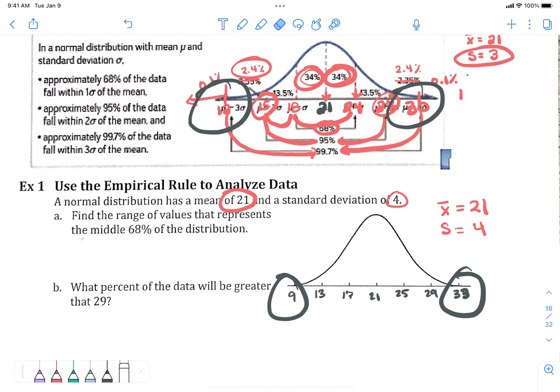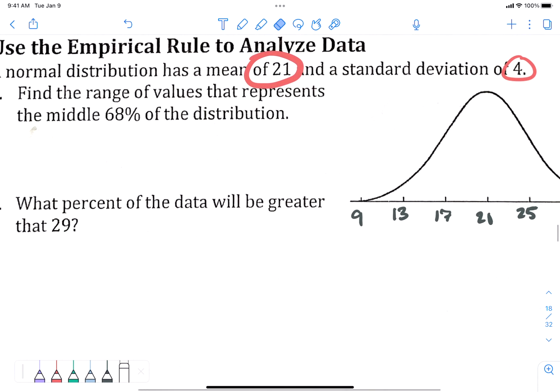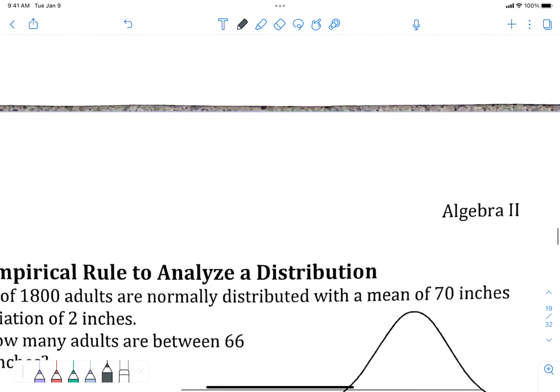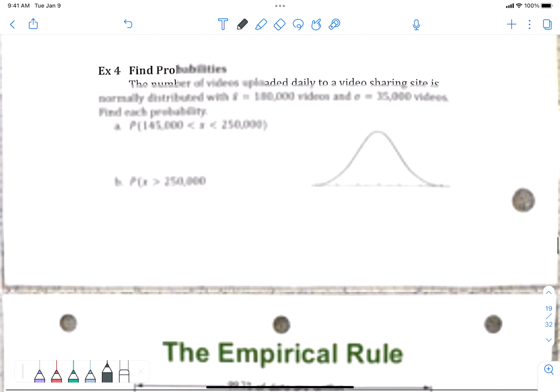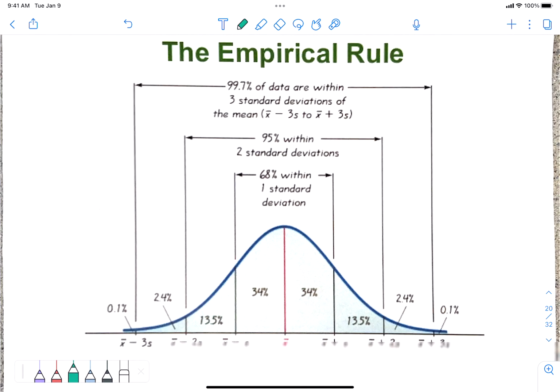All right. So we're just going to look at, it says find the range of values that represents the middle 68%. Middle 68%. Okay, so if you go to your empirical sheet, which looks like this, the middle 68%. You see where it says 68% within one standard deviation, right?